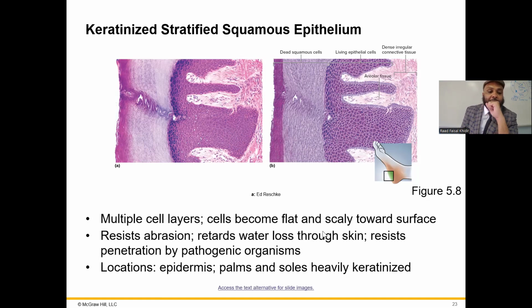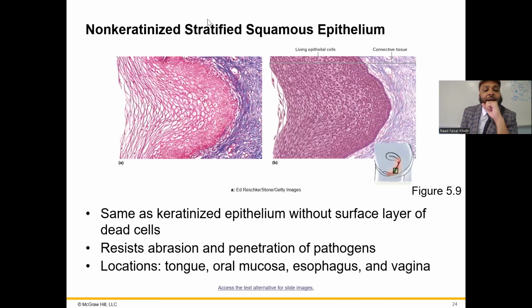They are heavily keratinized. The non-keratinized stratified squamous epithelium is the same as keratinized epithelium without the surface layer of dead cells, and it resists abrasion and the penetration of pathogens. The locations are the tongue, the oral mucosa, the esophagus, and the vagina.